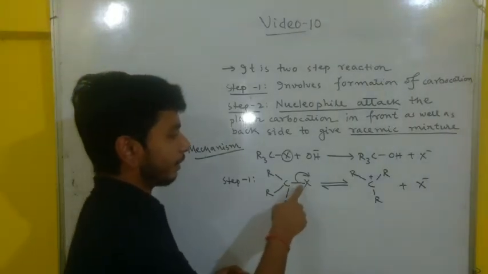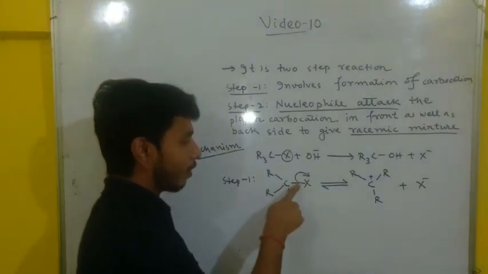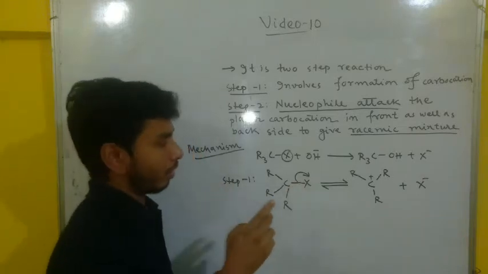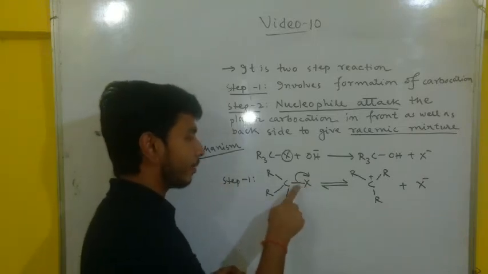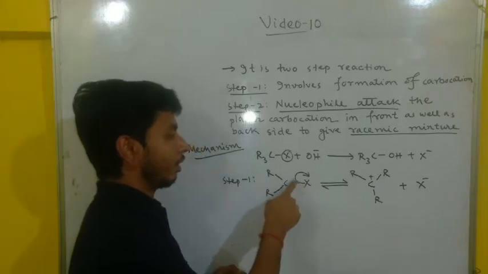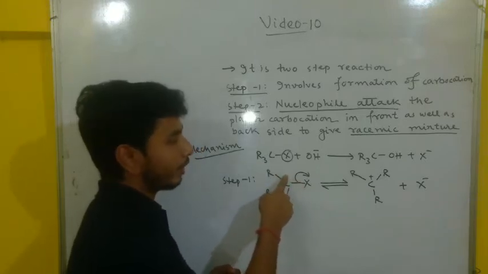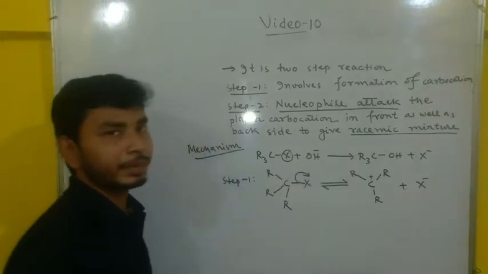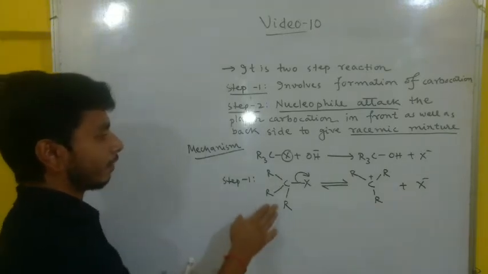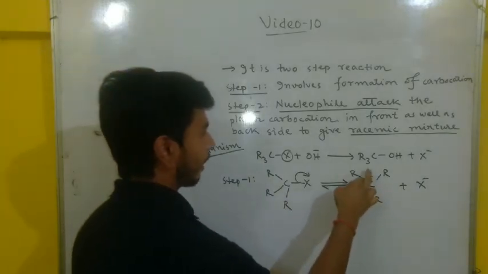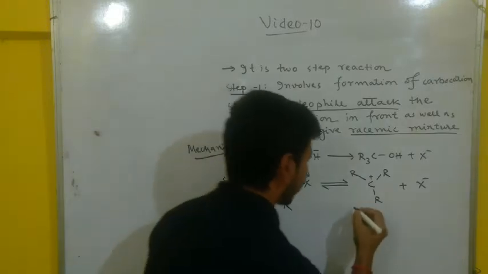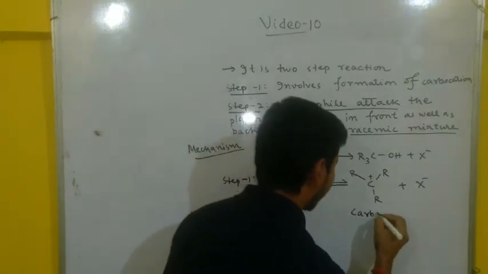One bond means 2 electrons, so the halogen group leaves with the 2 electrons. So carbon becomes electron deficient and gets a positive charge. This is the first step. Here carbon carries the positive charge, so it is called carbocation.